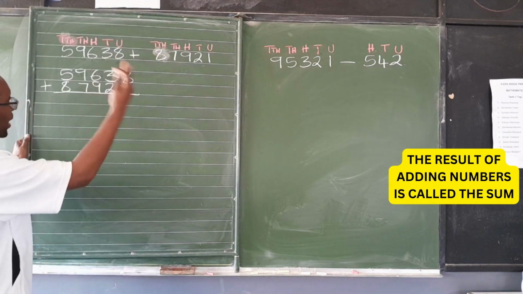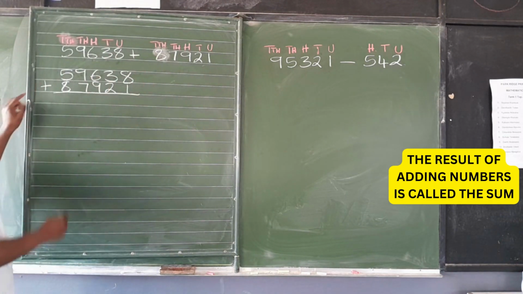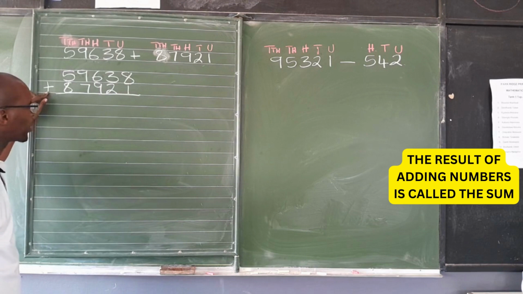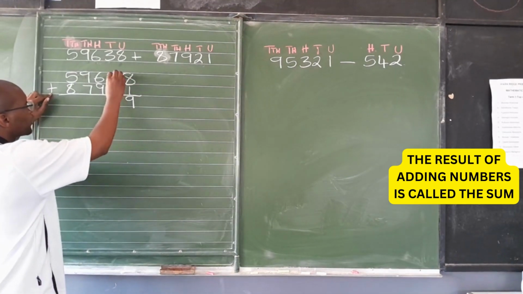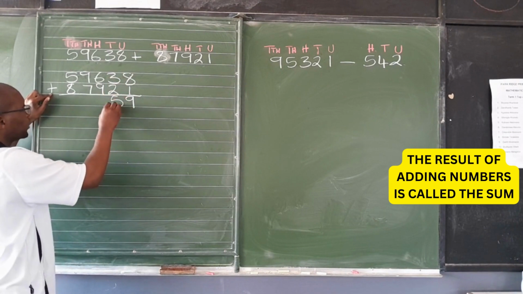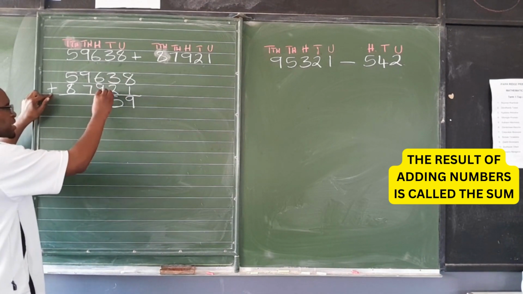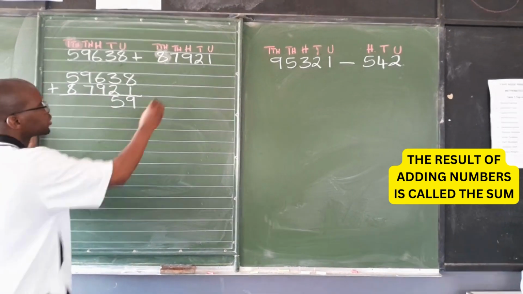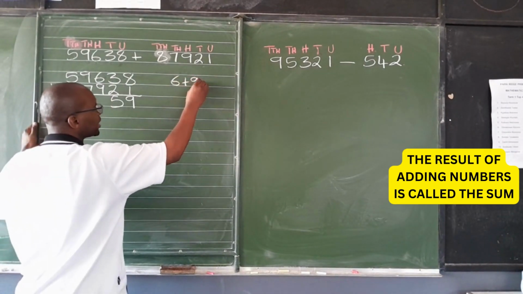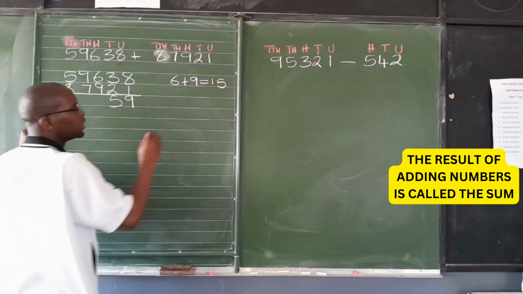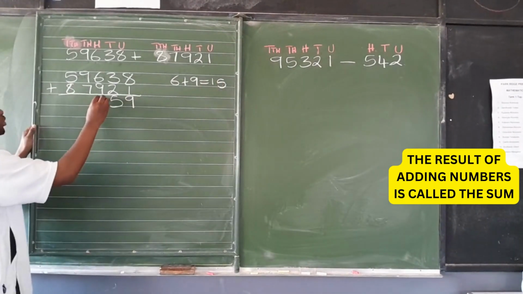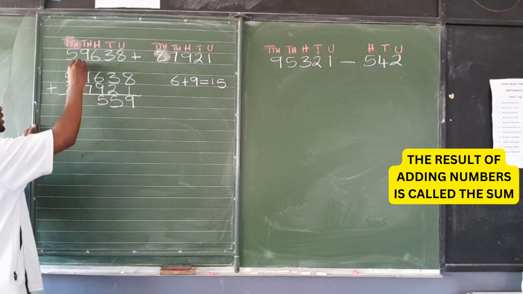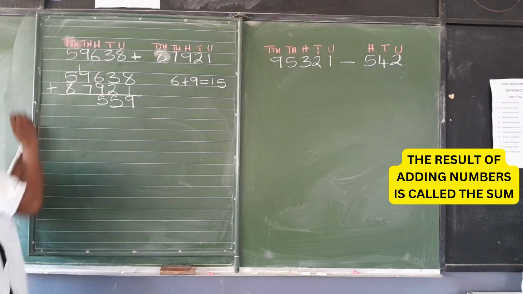Now, starting from the right and going to the left hand side, we can begin to apply our operation. So 8 plus 1 gives us 9, 3 plus 2 gives us 5, and now 6 plus 9 gives us 15. So we write down the 5 and carry over the 1 to the next number.